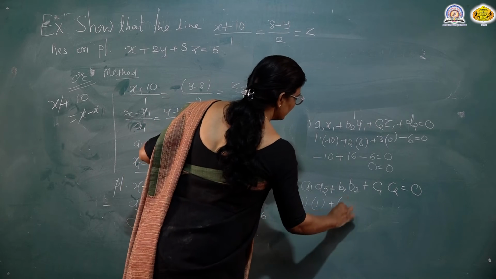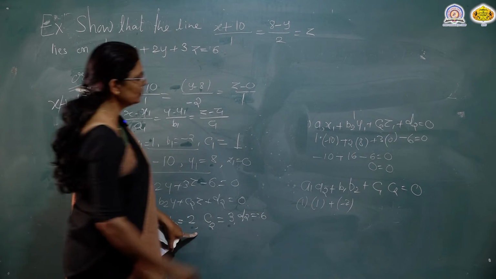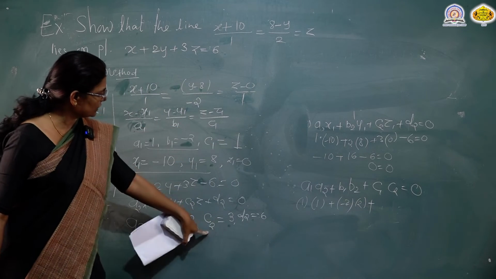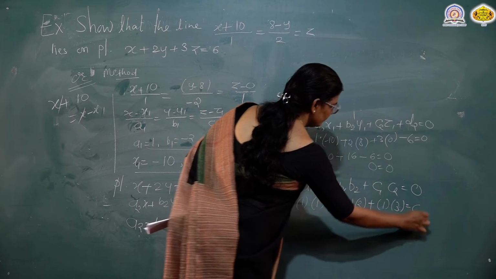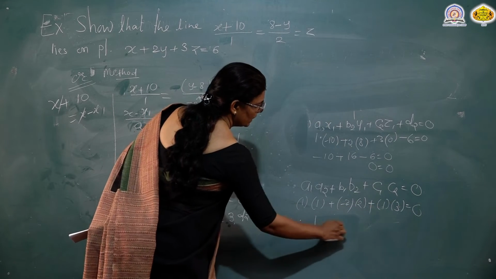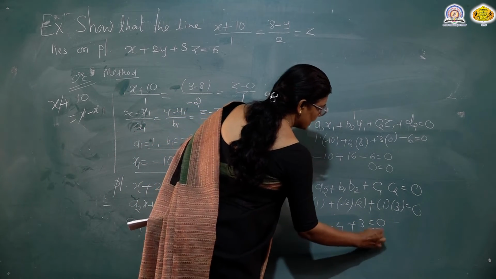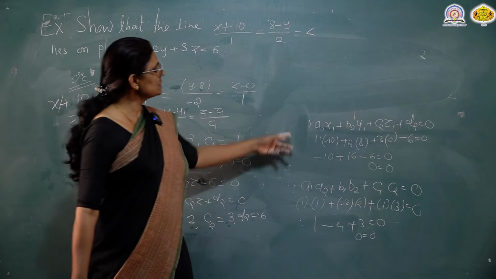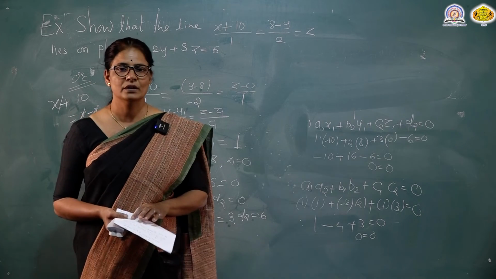Then b1 is minus 2 and b2 is 2. c1 is 1 and c2 is 3. So solve this: 1 minus 4 plus 3, and you can check that 0 is equals to 0. So both conditions are true here, so the given line lies on the plane.